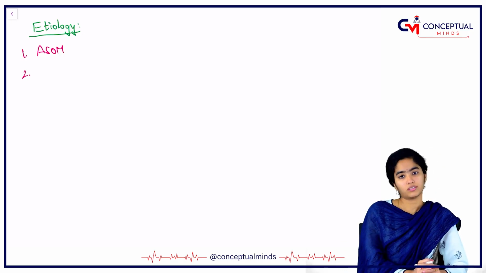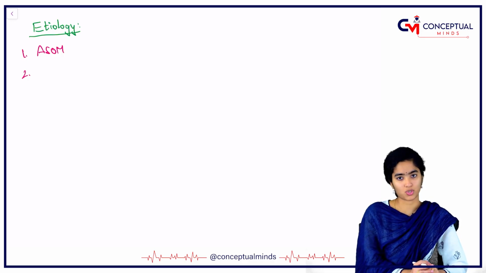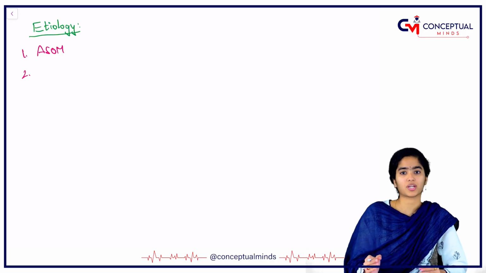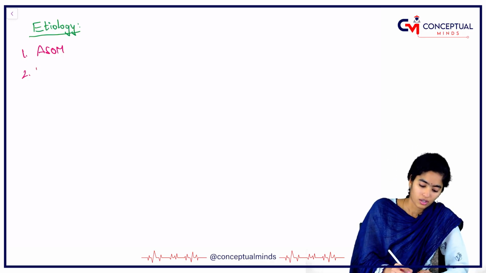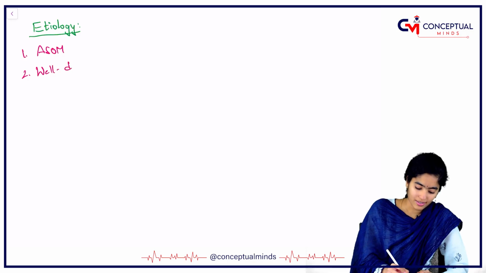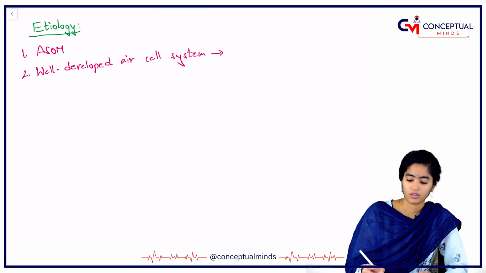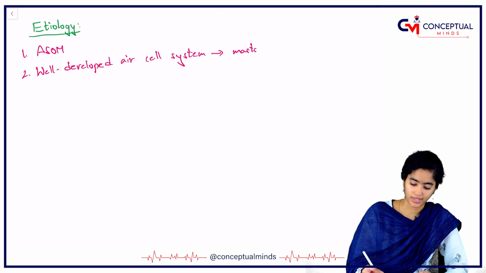And there is another thing that you have to remember. Acute mastoiditis is usually seen in the mastoids which have a well-developed air cell system. Well-developed air cell system will predispose to mastoiditis.